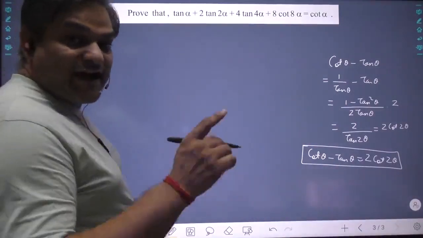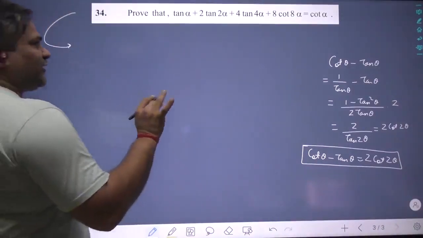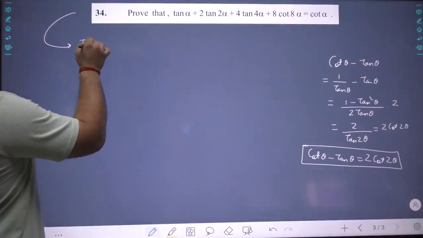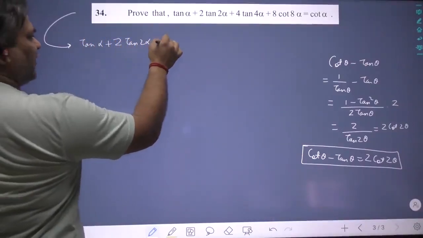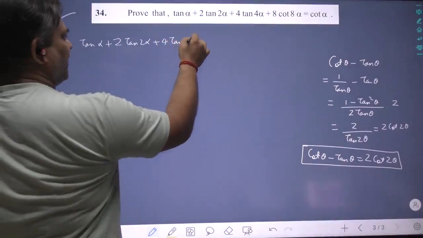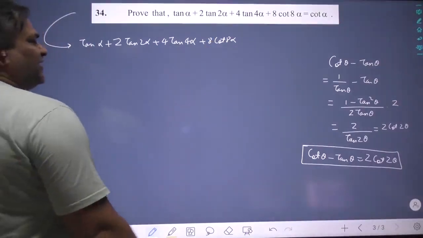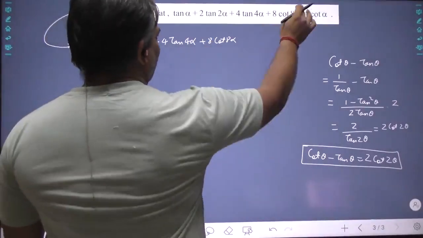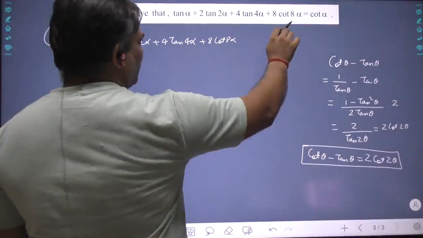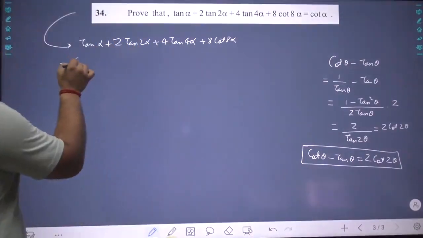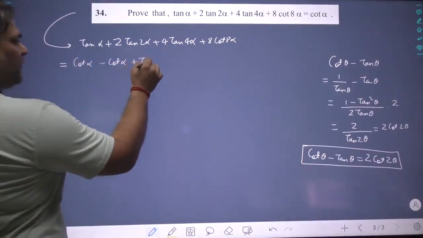So see how I do it. This can be done in many ways, but I am going to tell you a simple way. We have to prove that tan alpha plus 2 tan 2 alpha plus 4 tan 4 alpha plus 8 cot 8 alpha, all these things join their hands and form cot alpha. Now I have to get this cot alpha. So what I do, I add cot alpha and subtract cot alpha.